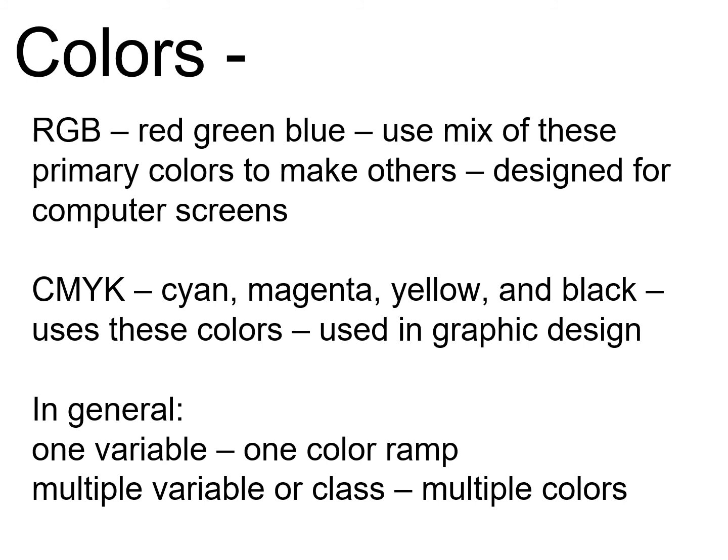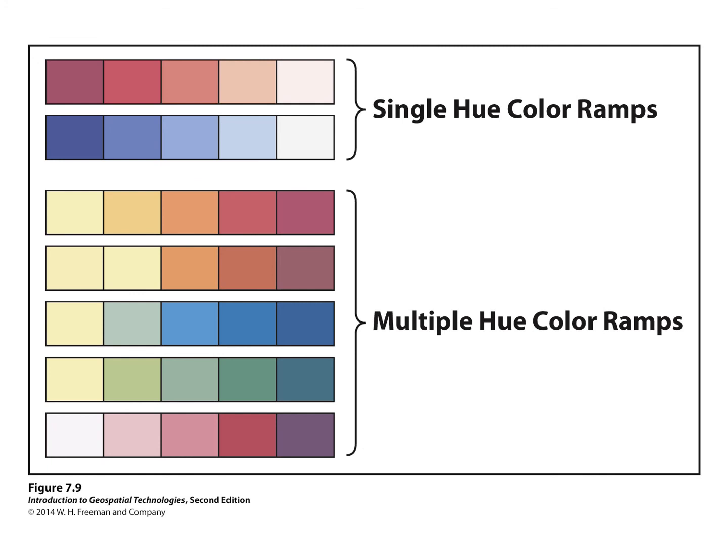Multiple variables or classes, use multiple colors. We can have single-hue or multi-hue color ramps. Single-hue color ramps tend to work well for one variable. Multi-hue color ramps help you sort of pseudo-classify stuff out.